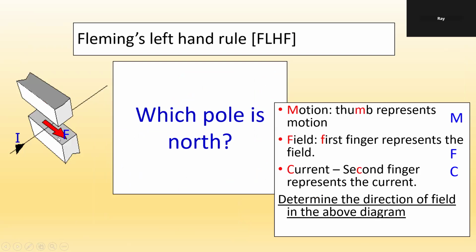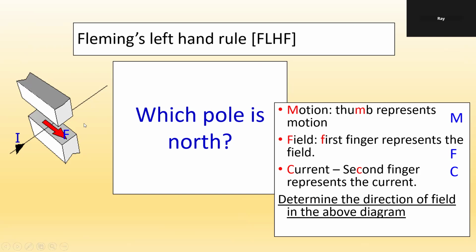Okay, let's try to use that. For this diagram, which pole is north? You are given a current carrying conductor. You are given the force. So which of these are magnets? There's a current. There's a force. The force is coming out. You have to know how to read.